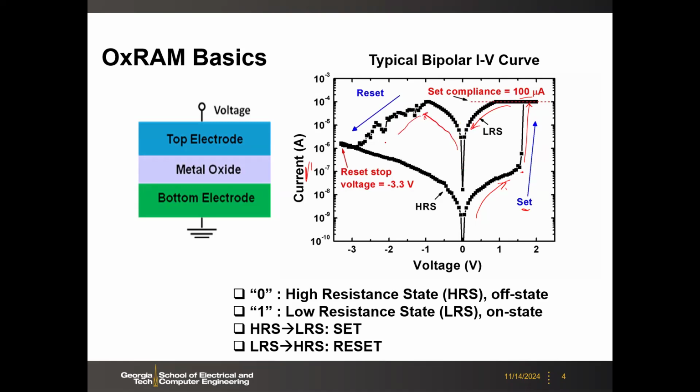The reset is kind of gradual, and the current keeps decreasing. If you sweep back, the device goes back to the high resistance state. So you see that the set process is abrupt and the reset is gradual. I think we have talked about those definitions before, so I'll skip that. Sometimes we use HRS and LRS as short forms for the high and low resistance states.